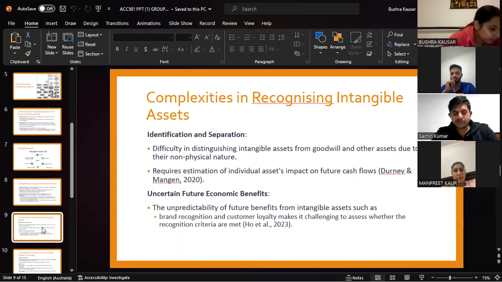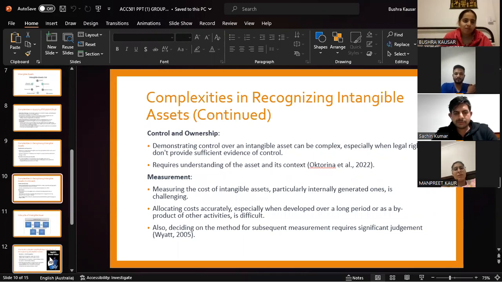According to Ho et al. 2023, this is especially true of intangible assets, which may fluctuate greatly depending on future market conditions like brand recognition, customer loyalty, or proprietary technology. This uncertainty makes it challenging to assess whether the recognition criteria are met. In the next slide, I will talk about control and ownership.